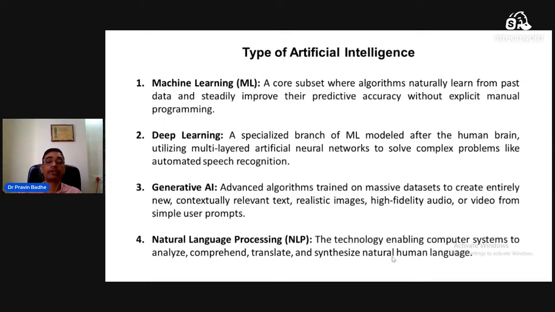So automated speech recognition, which is now utilized in many companies for calling purposes and marketing, has simultaneously been utilized in many other areas as an example.